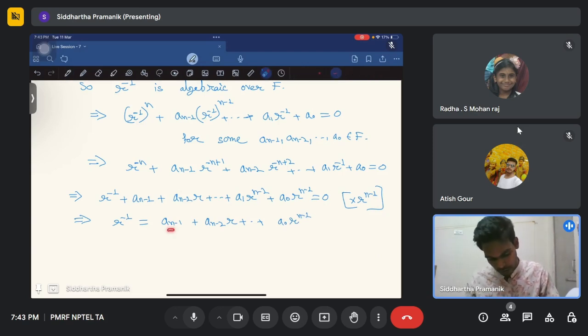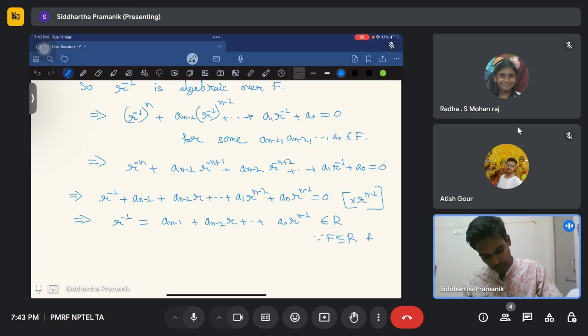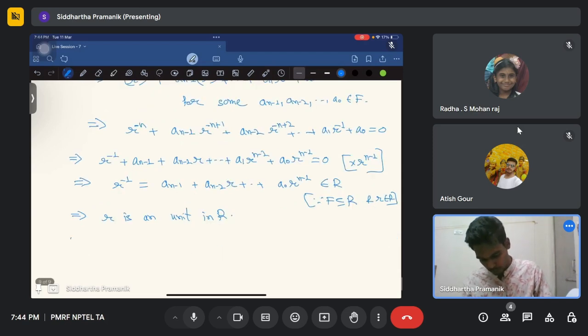Now these coefficients a_i belong to F, which is a subset of R, and R is also in R. So this thing must belong to R, because F is a subset of R and R belongs to R. So that will imply R is a unit in R. So R is a field.